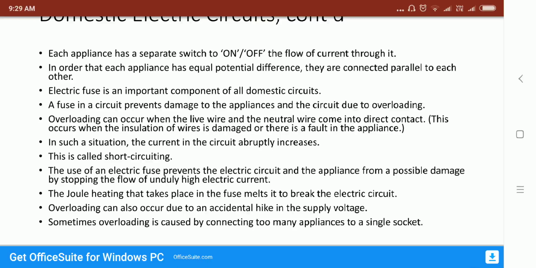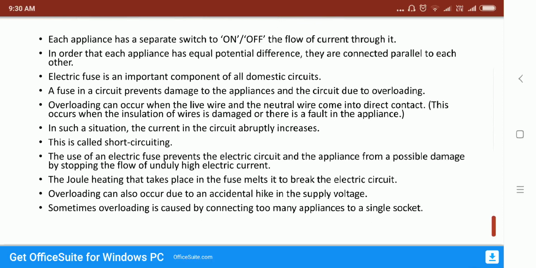Here the Joule heating law is utilized to melt that particular fuse to break our electric circuit to prevent overloading. Sometimes overloading is caused by connecting too many appliances in a single socket, or can occur accidentally when a hike in the power supply happens.